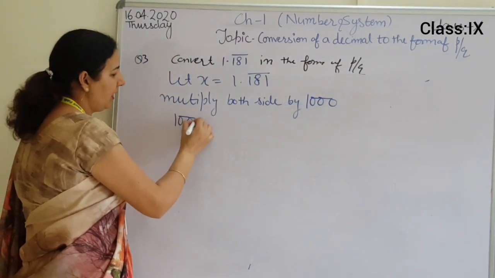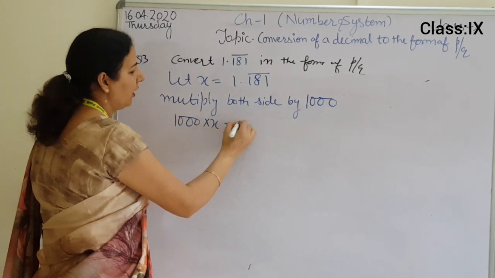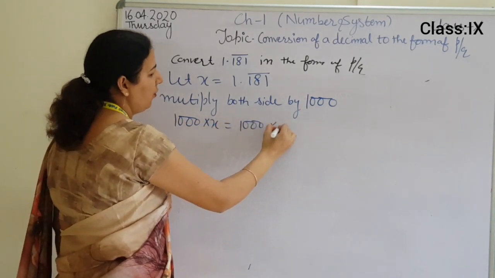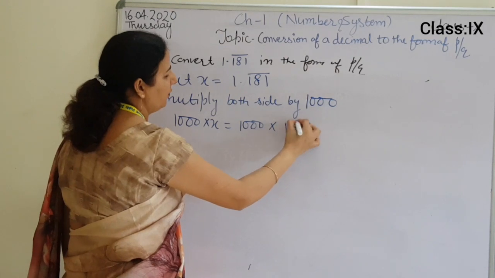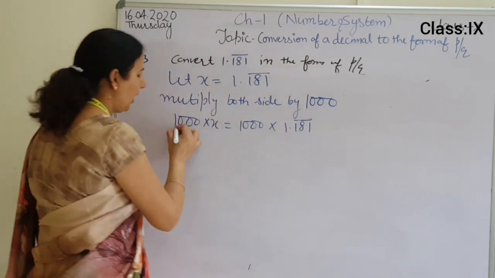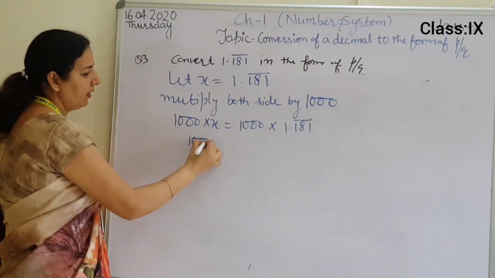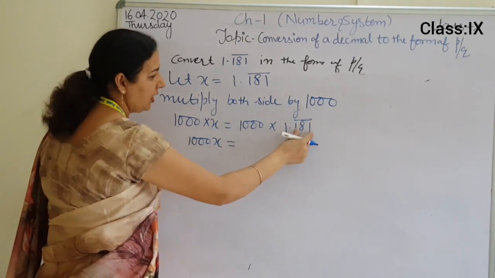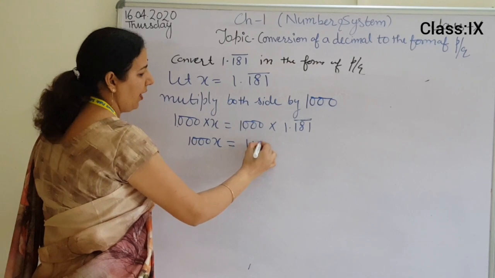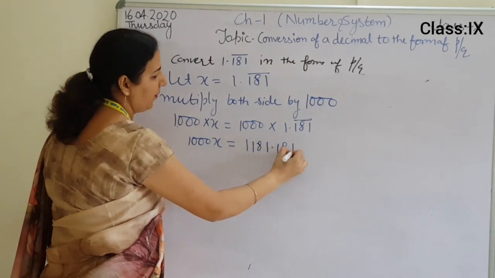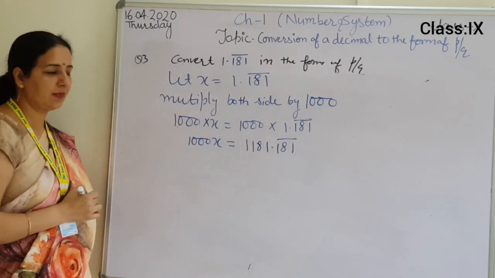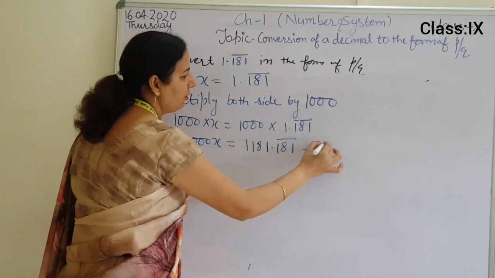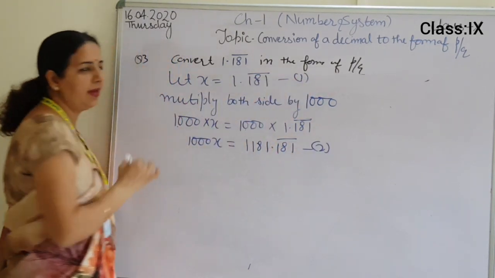Then 1000 into x is equal to 1000 into 1.181 bar. 1000 into x is 1000x. 1000 into this number, these three digits will shift to this side: 1181.181 bar. This is equation number 2 and this one is equation number 1.